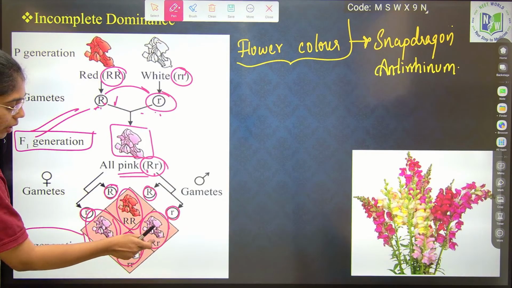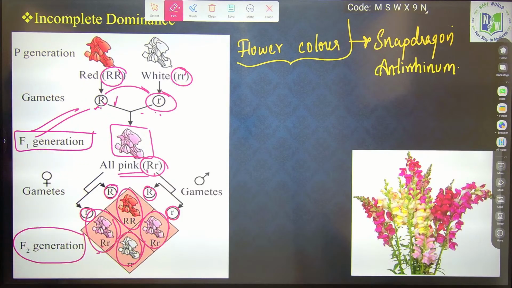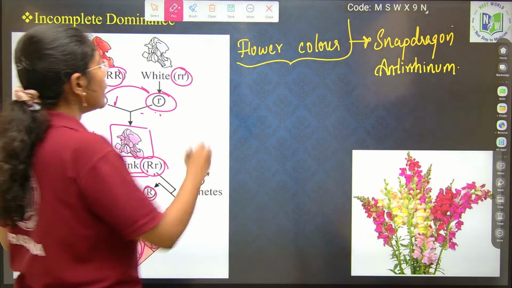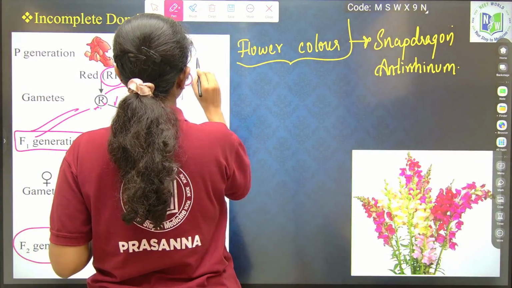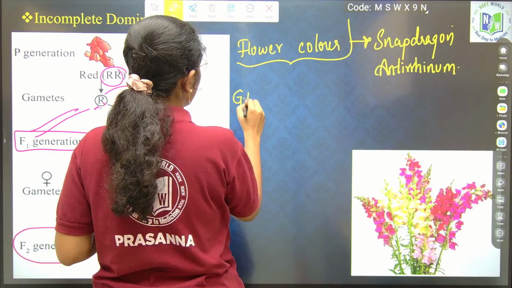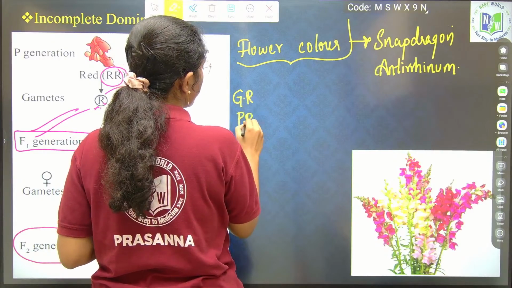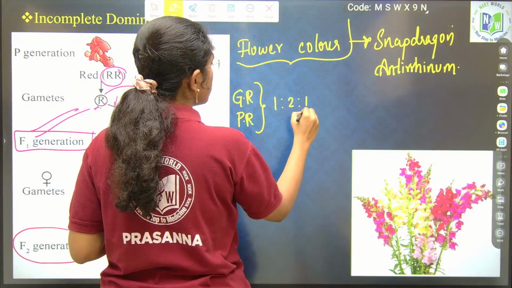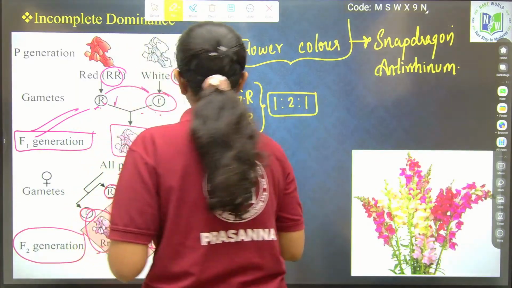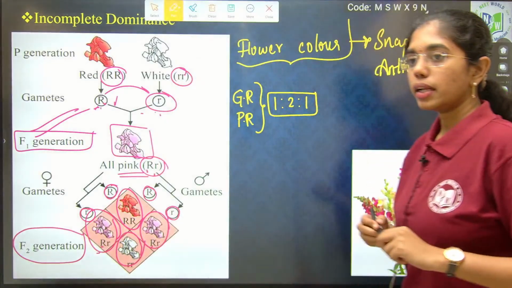This intermediate phenotype is proving the concept of incomplete dominance, and this is against the law of dominance which is given in Mendel's pattern of inheritance. And here in incomplete dominance, both the genotypic ratio and phenotypic ratio is 1:2:1. Clear till here? Any doubt anywhere, ma?